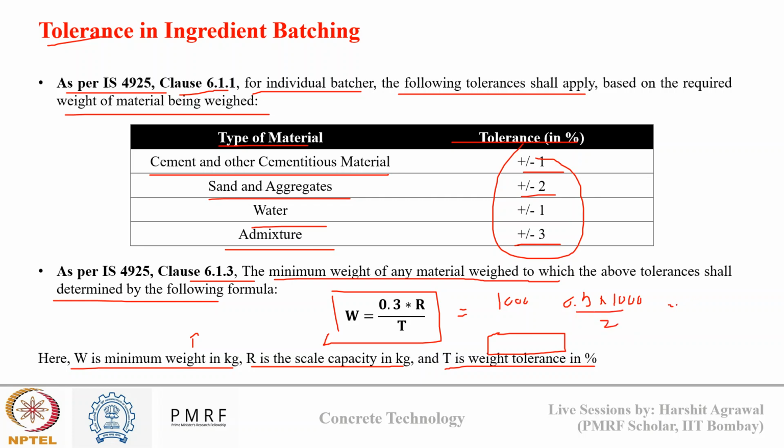So this value will come out to be 150 kg. So for this scale of 1000 kg, the minimum weight of material that should be weighed for the above tolerance limit to apply is 150 kg. If a weight lower than this is taken, then the accuracy of weighing may not be reliable as per standard. So this is how this concept works.